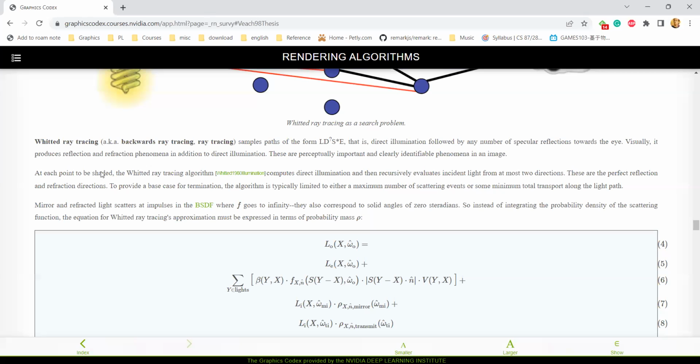At each point to be shaded, the weighted ray tracing algorithm computes direct illumination and then recursively evaluates incident light from at most two directions. These are the perfect reflection and refraction directions. To provide a base case for termination, the algorithm is typically limited to either a maximum number of scattering events or some minimum total transport along the light path, or both.